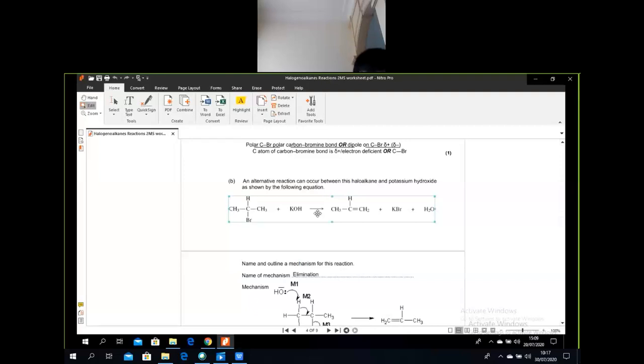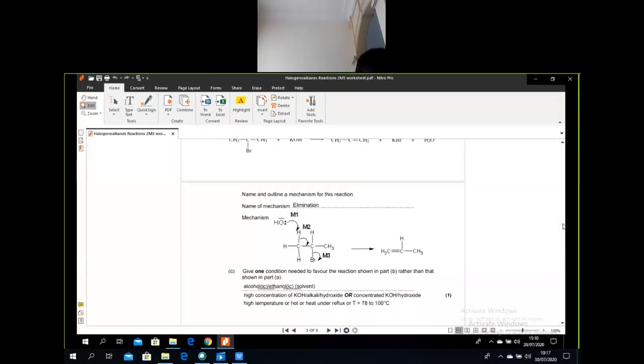You need to pay attention to this. It depends on the condition of the alkali. If aqueous alkali, then it will become alcohol. If concentrated, it would become the alkene. This is an elimination reaction, eliminated from the halogenoalkane to become an alkene.